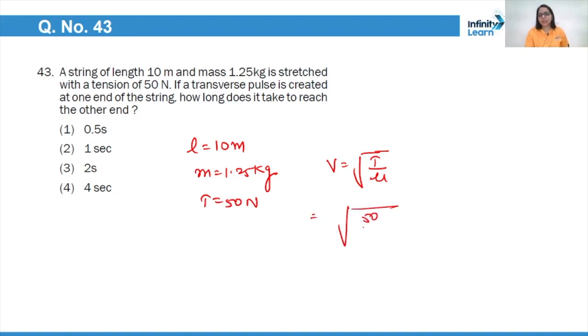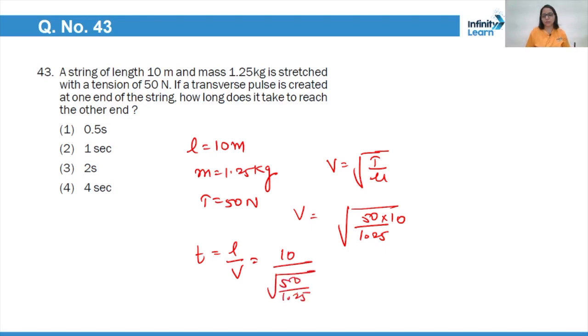Under root of T is 50 divided by mu, which is mass upon length, 1.25 divided by 10. So this will be the value of velocity. Now time will be length upon velocity. So length is 10 divided by velocity, which is under root of 500 divided by 1.25. So this will give you exactly 0.5 second, which is option 1.